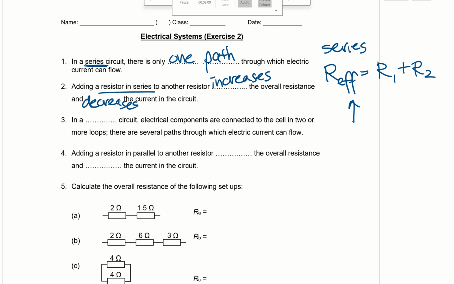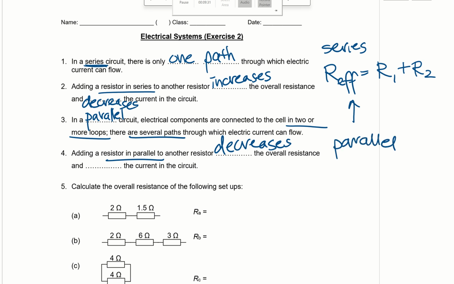Now, in a parallel circuit, electrical components are connected to the cell in 2 or more loops. That means there are 2 or more paths, several paths, so this is a parallel. Adding a resistance in parallel actually decreases the overall resistance. The formula for parallel is 1 over R effective equals 1 over R1 plus 1 over R2.